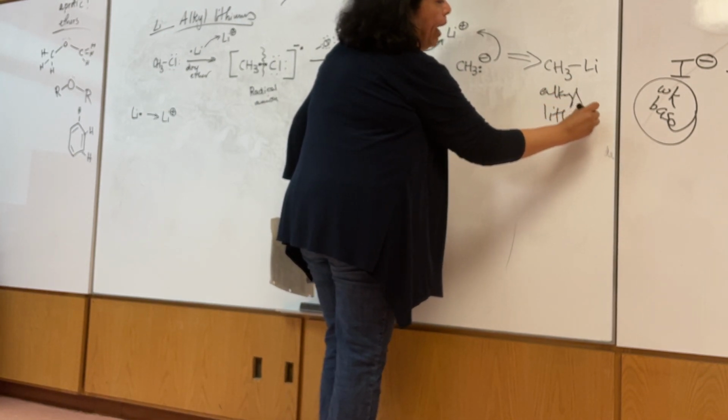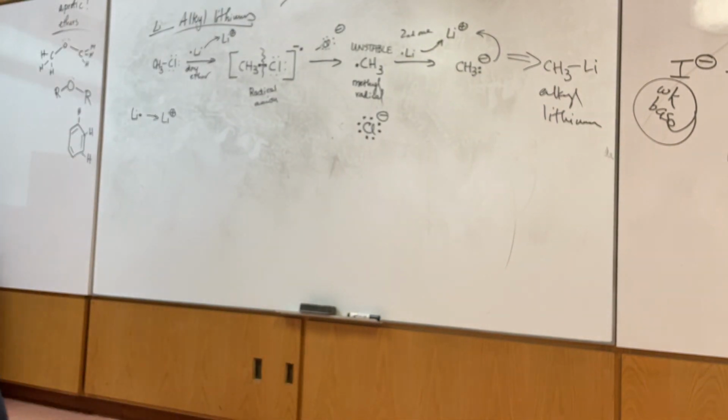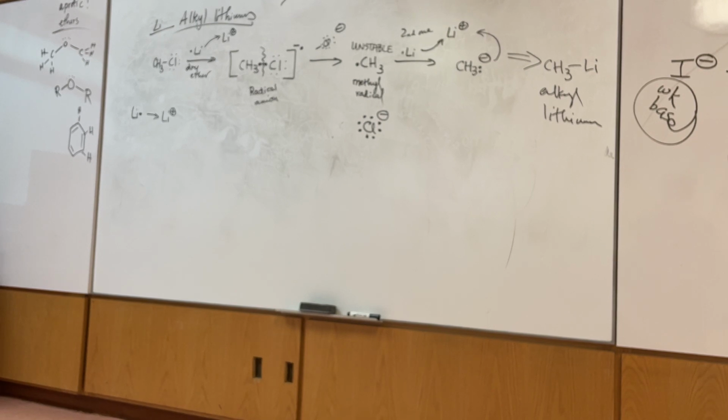So what did this reaction entail? How many lithiums? 2. What did each lithium do? Donate 1 electron, correct? What was our starting material? Alkyl halide, something with a leaving group, right? What happened? We grabbed the first electron. Nobody knows who's holding it, right?